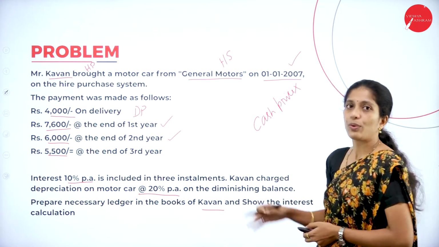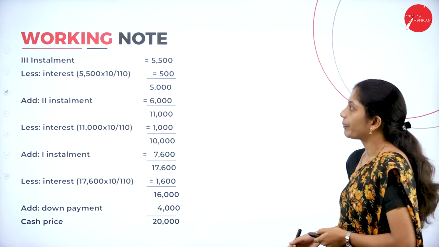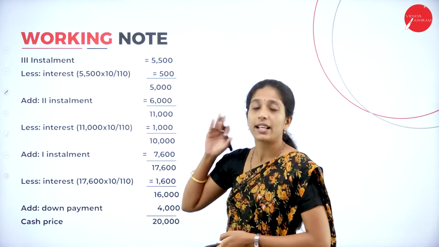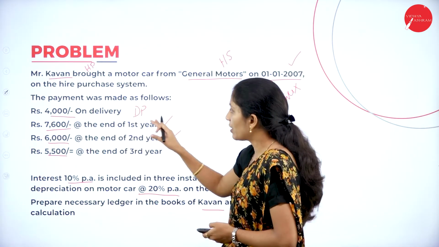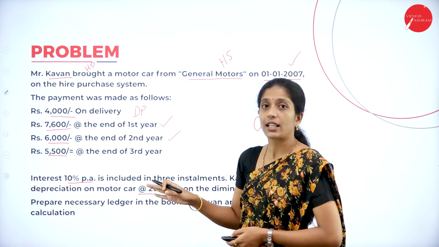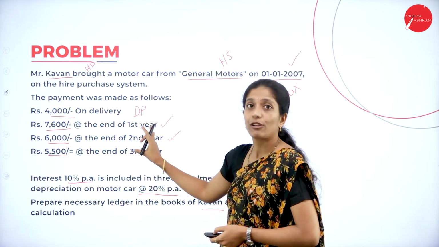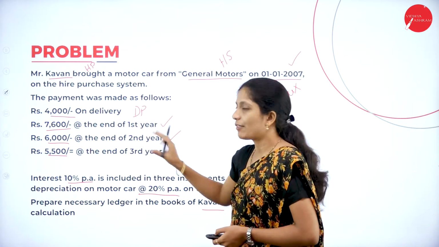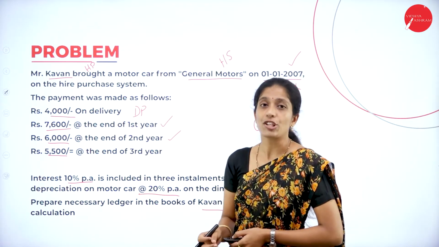Clear? Then how we are going to solve this problem? Now go through the working note here. Let's start from the third installment. Clear? Here they have given first installment, second installment as well as third installment, and they have directly told that these installments include interest, and they have given the down payment also. Using this information, we shall calculate the cash price.